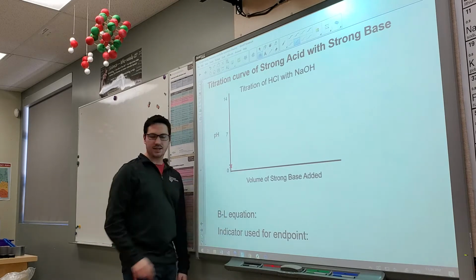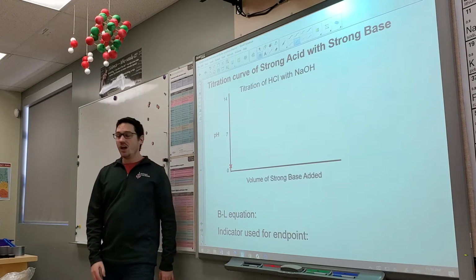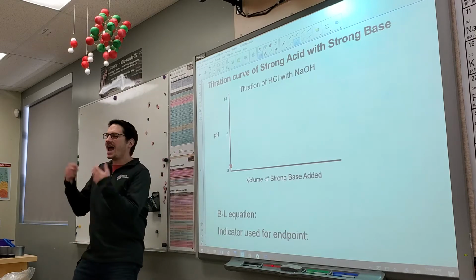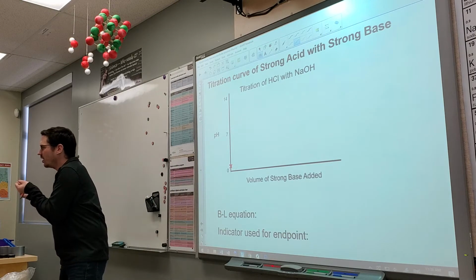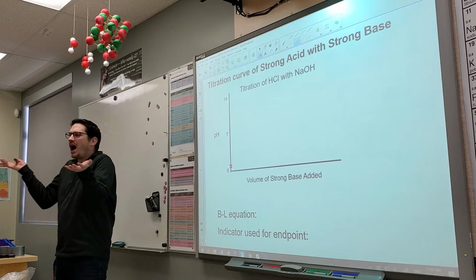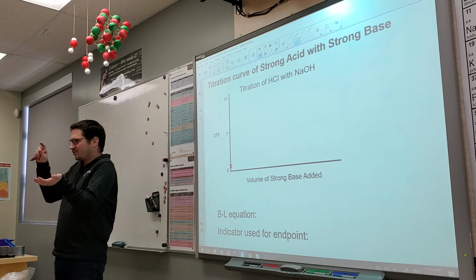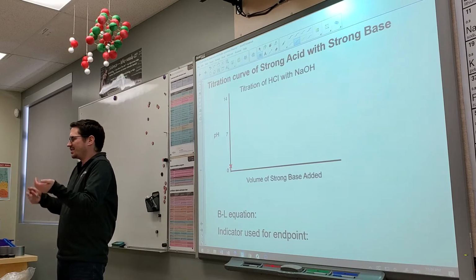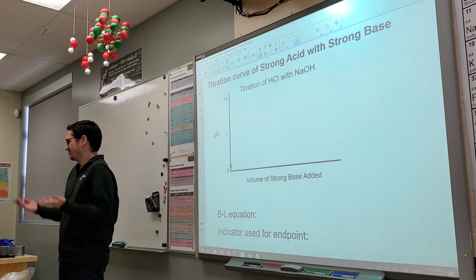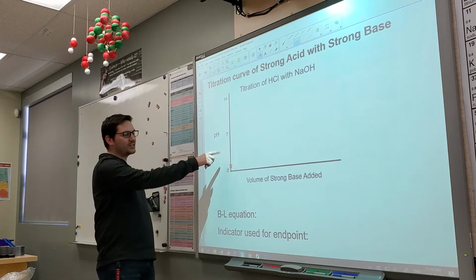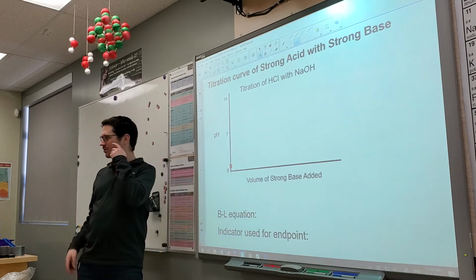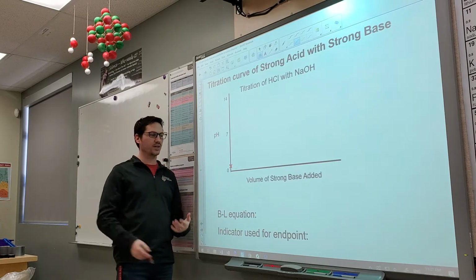So it's going to be like this. Does the pH have to be 1 to start off with? No, it could be 5 to start off with. You can have a strong acid if it's really dilute. You can have a strong acid with a pH of 5. So the pH doesn't tell you if something's a strong acid or a weak acid. It's how concentrated it is.